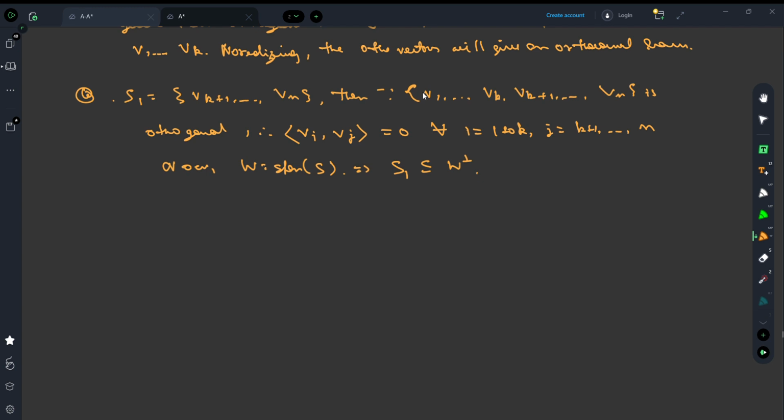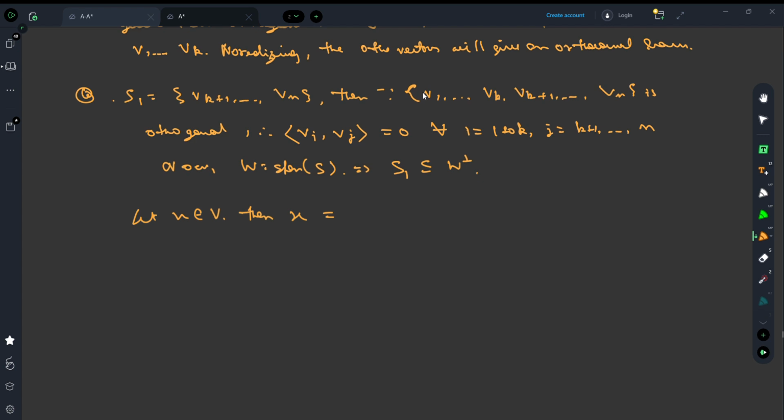So if S1 is in the orthogonal complement of W, then any linear combination of the vectors in S1 will also be in the orthogonal complement of W, because it follows from closure. So what we need to show is that W perp is contained in the span of S1. That's what we exactly need to show, right? How can we show that? Let X be in W perp.